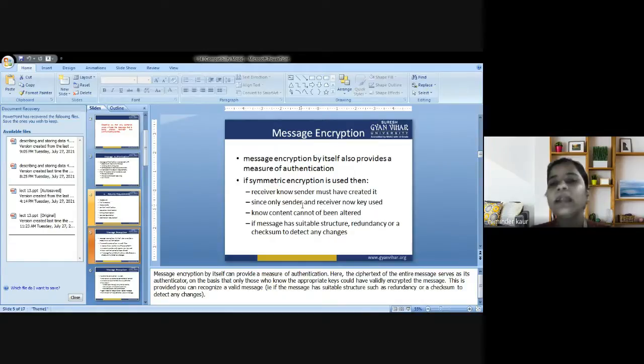So the content has not been altered, which could be assured by only the sender and receiver. If the integrity of the message is achieved, then it means that the message has not been altered. If the message has suitable structure, then redundancy or a checksum to detect any changes could be there.